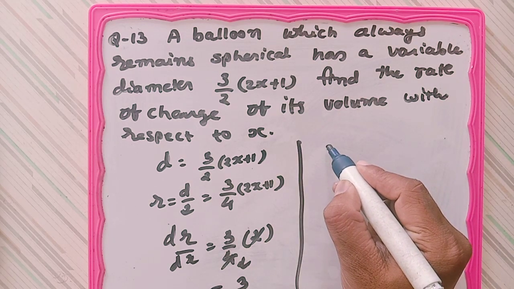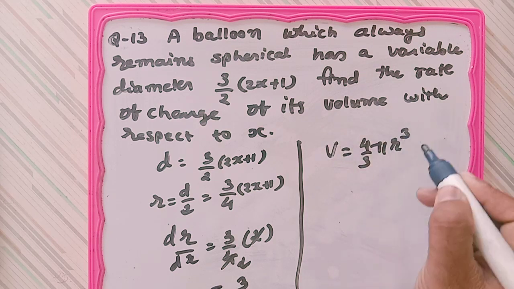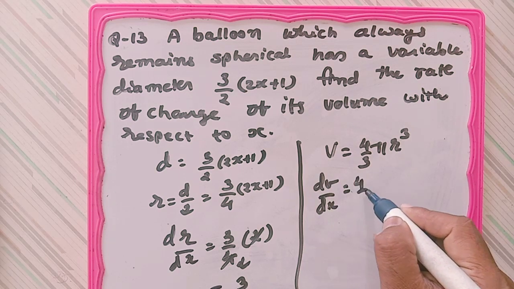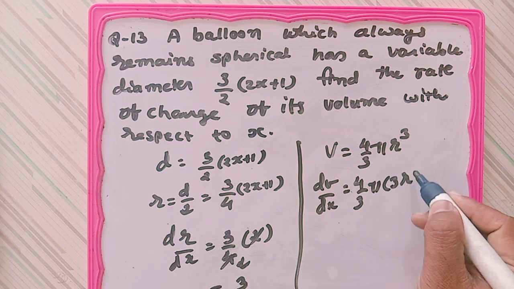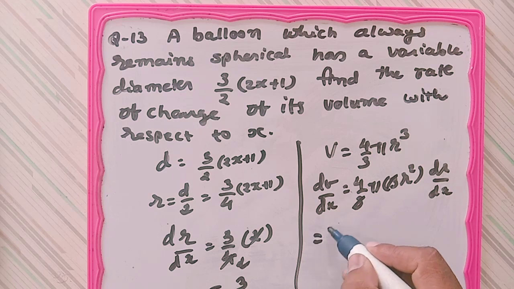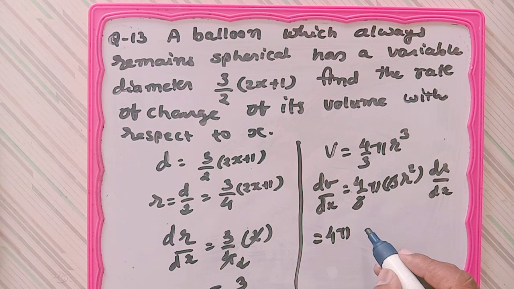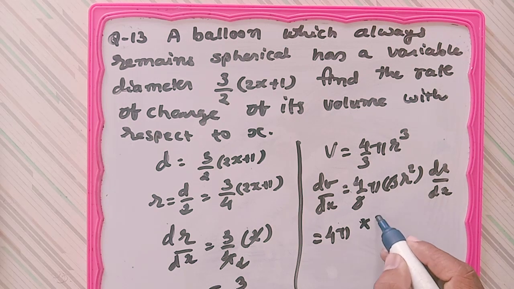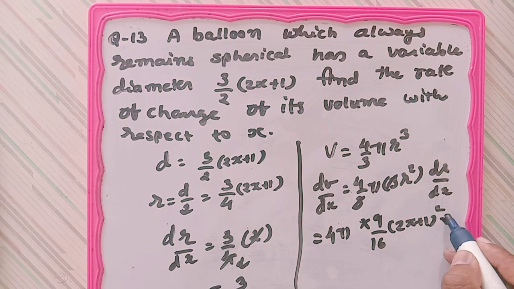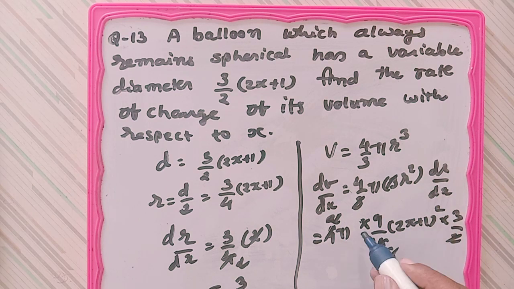Now we know that the volume of the sphere formula is 4/3 pi r cubed, and so dV/dx of 4/3 pi r cubed is 3r squared dr/dx. So the 3s cancel, and 4 pi r squared means 3/4 (2x+1) squared, so 3 squared is 9/16 (2x+1) squared, and the dr/dx value is 3/2, so 2 2s are 4, 2 8s are 8, and 9 3s are 27.